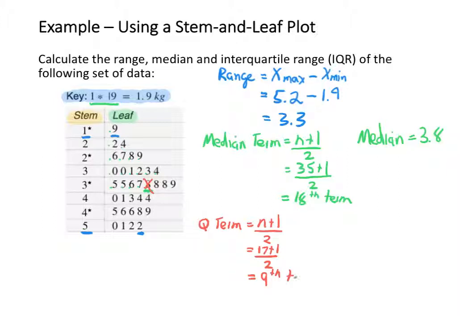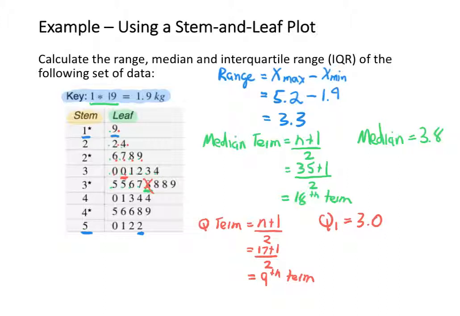So I'm looking for my ninth term from the start. I can now work out, starting from 1.9, where my ninth term is going to be. 1, 2, 3, 4, 5, 6, 7, 8, 9. So my ninth term in the first half is going to be 3.0. So quartile 1 is equal to 3.0.